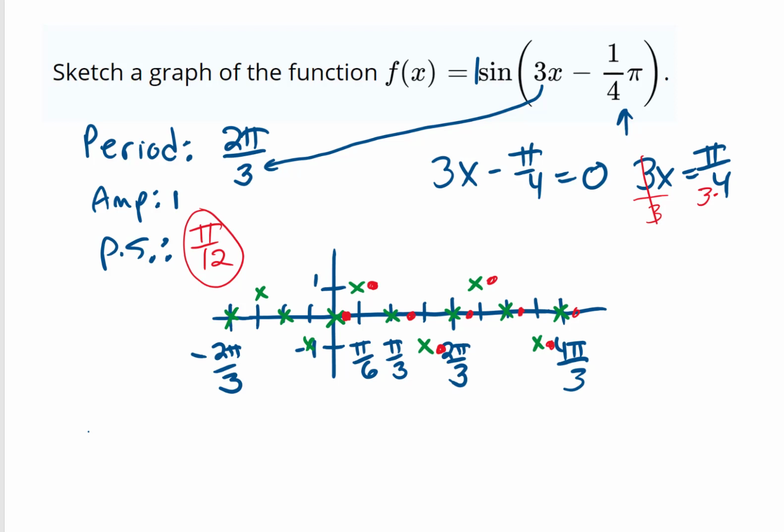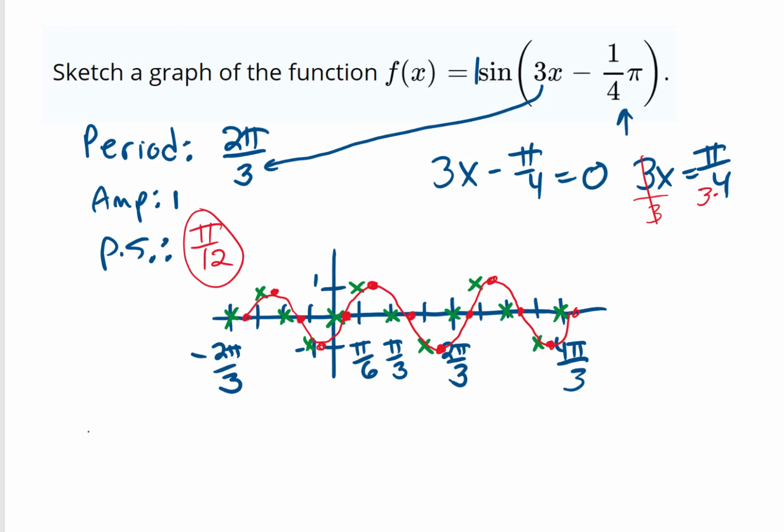And I'll go ahead and slide all of these over by pi twelfths to the right as well. And then I'm going to join that up, and that's my graph.